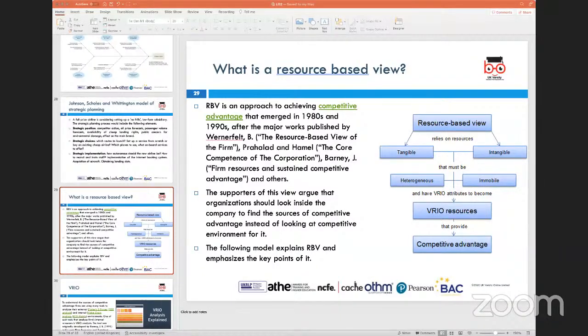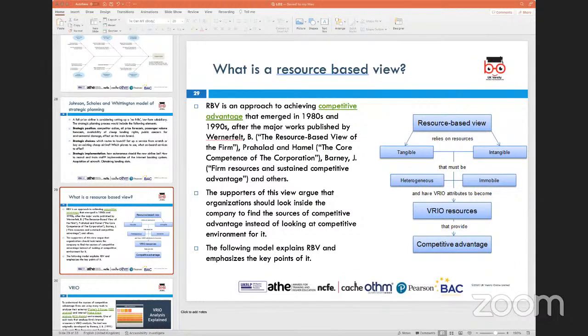According to their view, sometimes the companies would need to look at exploiting external opportunities and using their existing resources to acquire newer markets or newer opportunities. And this would be possible when they consider dividing resources into tangible and intangible.